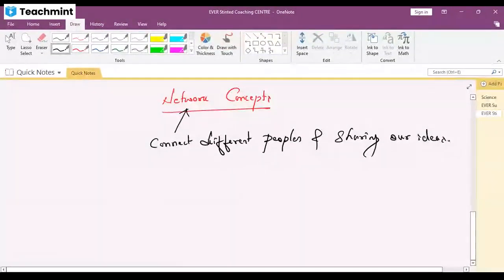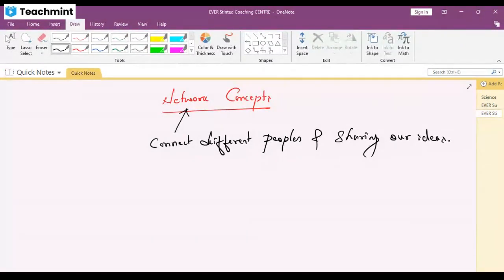This is nothing but our network. By standing here, I can build a network with the people who are in London, Germany, Russia, Australia, right? If anything happens, all people will start sharing their ideas. That is what we usually call a network.